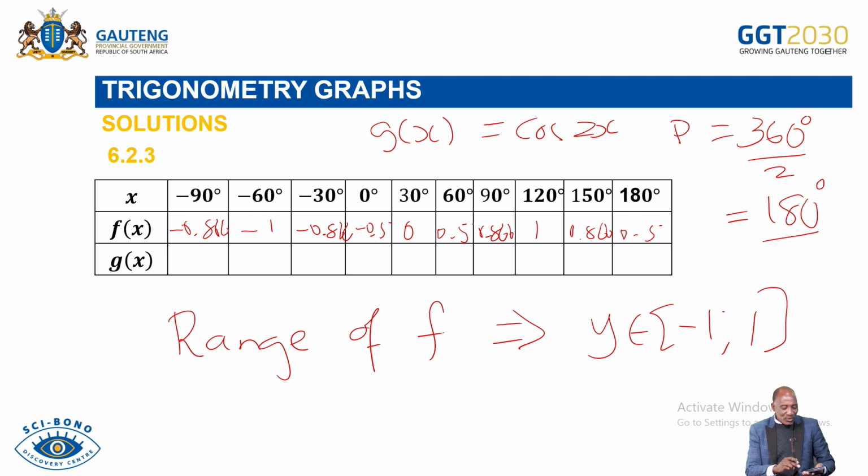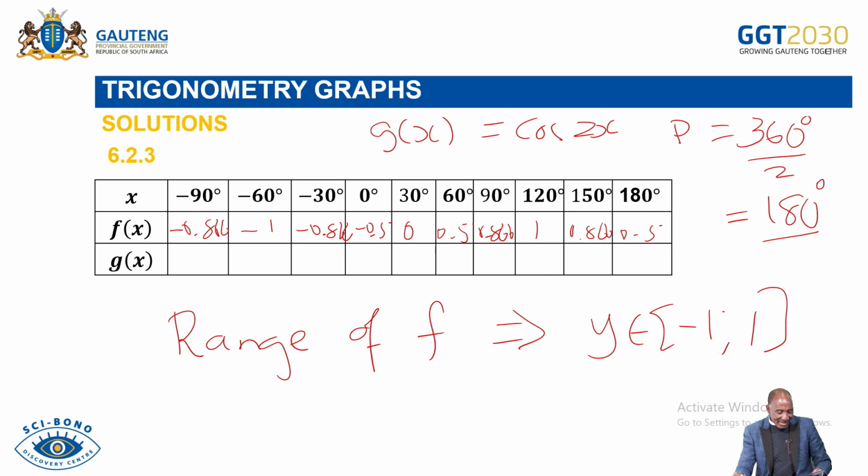Then you move on to the other graph. This time your other graph is going to be cos 2x. You fit your cos, then open bracket 2, then alpha x, then close.